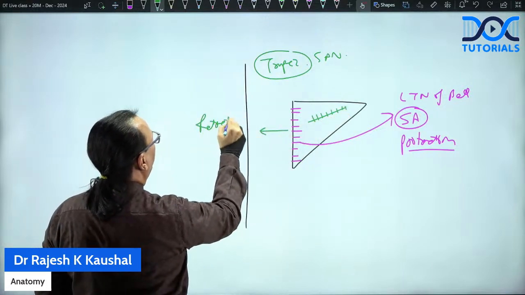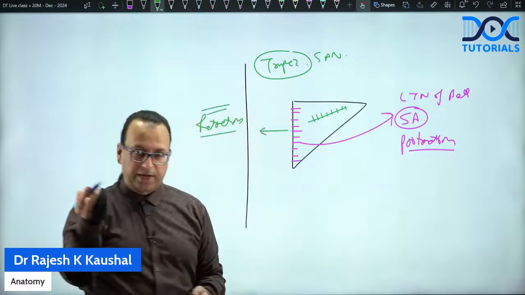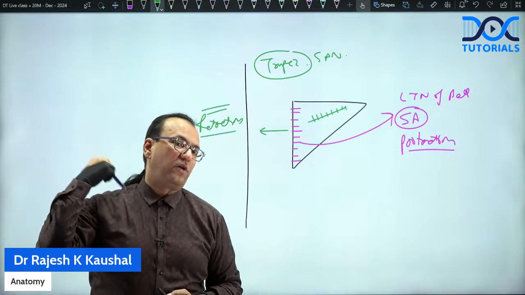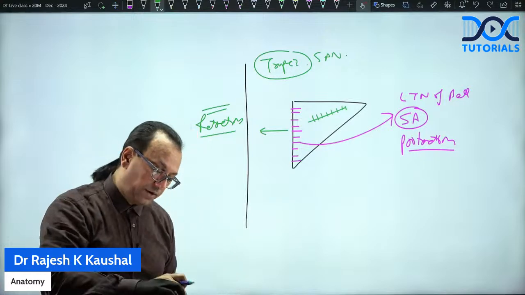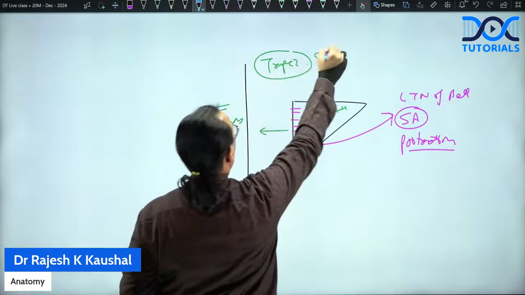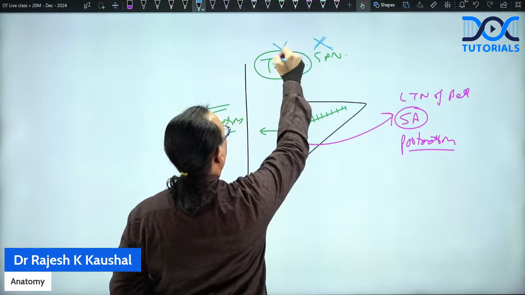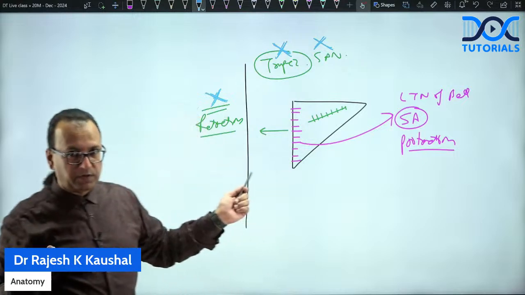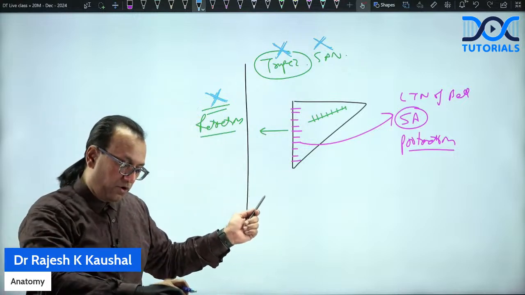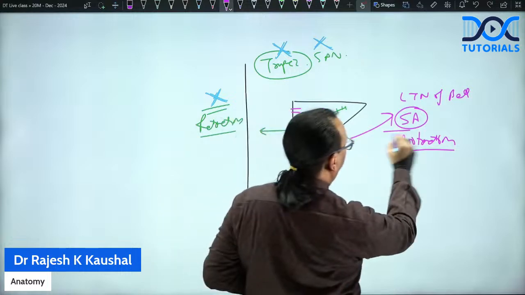Now the problem is, you were operating on the posterior triangle, lymph node, incision and drainage, and you damage the spinal accessory nerve. What will happen? You will damage the trapezius, and retraction will not be possible. What will become more powerful is serratus anterior protraction.